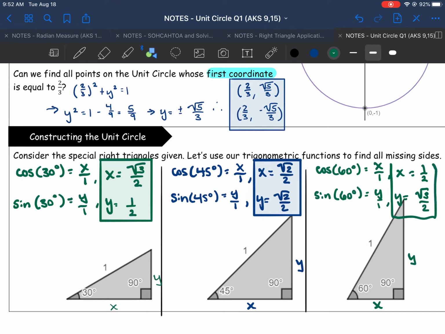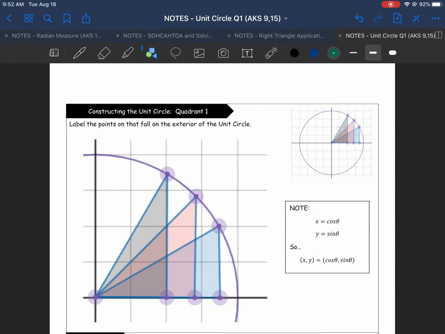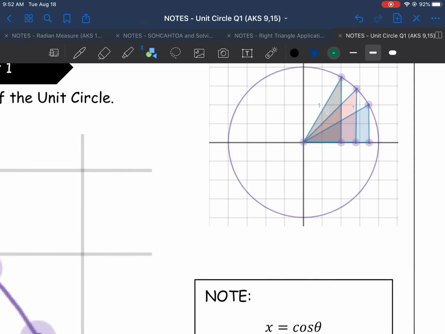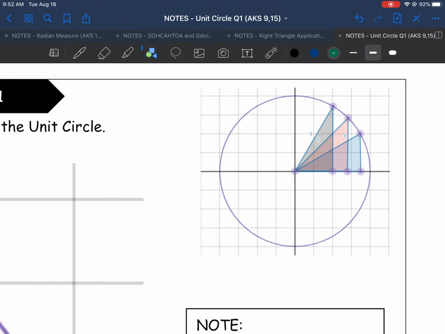All right, so it turns out that these three triangles are very special to the unit circle, because I could fit these three triangles into quadrant 1. Notice that these three triangles each have points that fall on the exterior of the unit circle, right here.